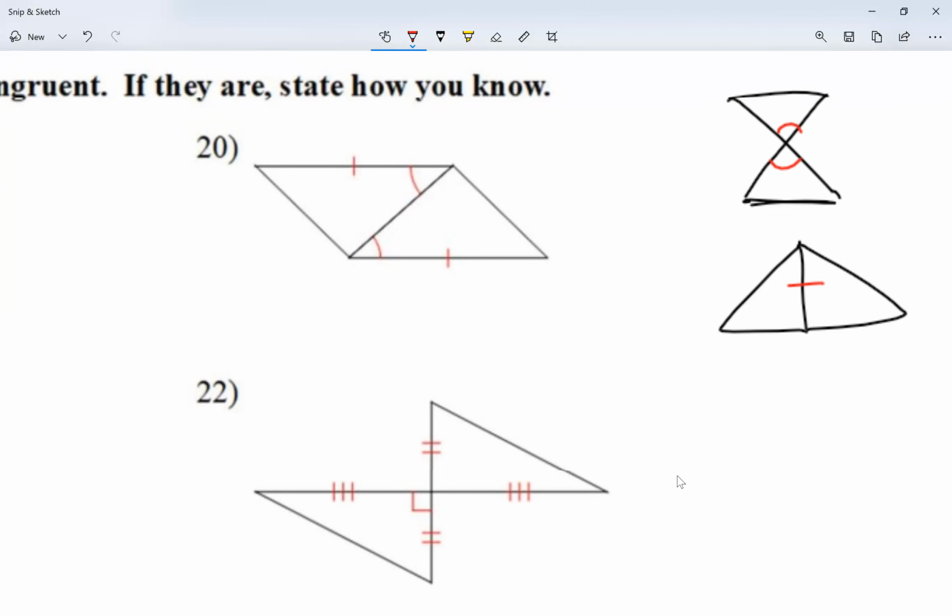So the only way I can mark an angle that is not marked is by the vertical angle theorem, and the only way I can mark a side that is not marked is if the same side is used by two triangles. Having said that, looking at number 20, I'm going to mark this side because those two triangles are using it.